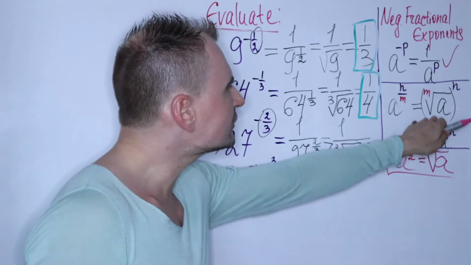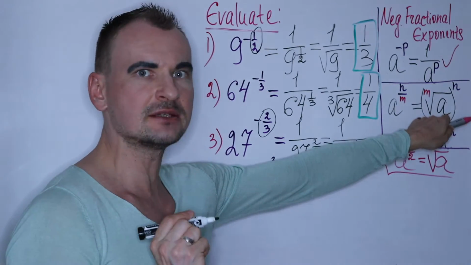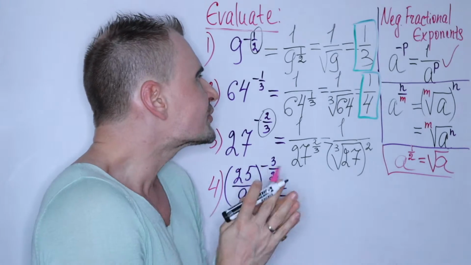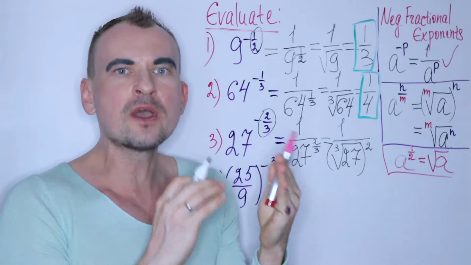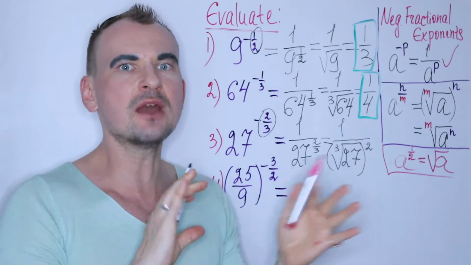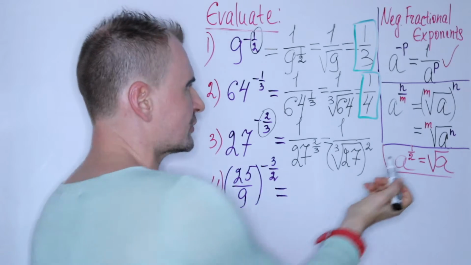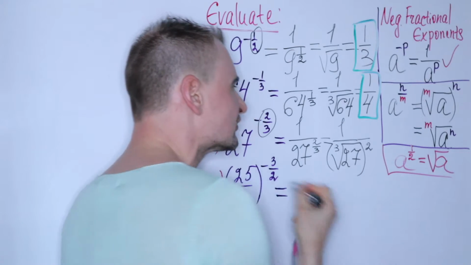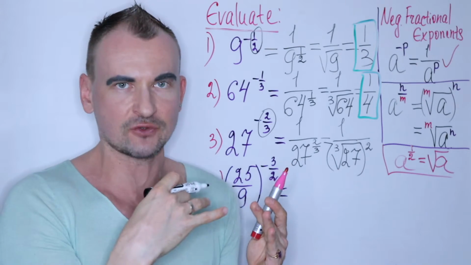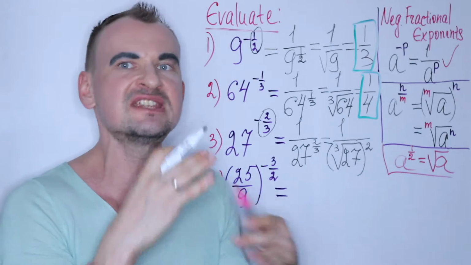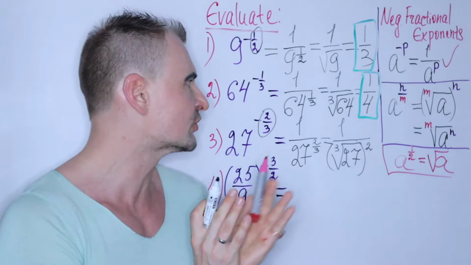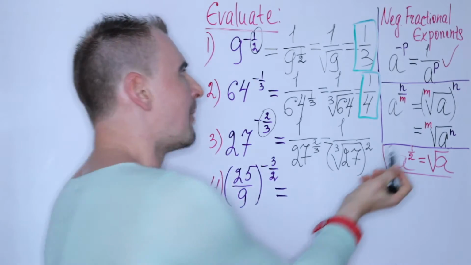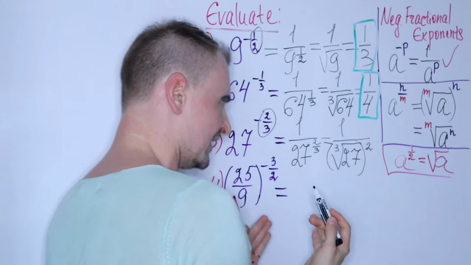So again, I'm going to use this first line for this formula because you could potentially avoid working out huge numbers, because if you are using this line, you have to first of all raise 27 to the second power and after take the third root. So you don't want to deal with these huge large numbers, so you could potentially avoid it by applying this part of this formula.